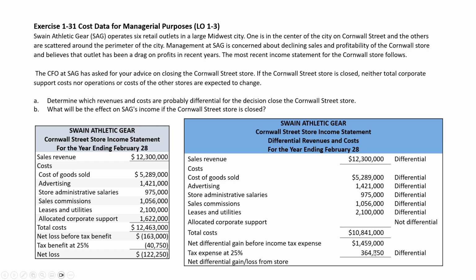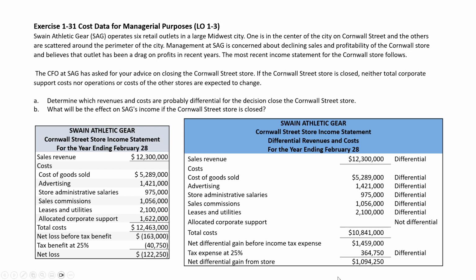Subtracting that tax amount from the before income tax of $1,459,000 gets us to an overall gain from continuing to operate the store after taxes of $1,094,250. So looking at B, it asked what's the effect on SAG's income if the Cornwall Street store is closed, and make sure we're looking at the right perspective.